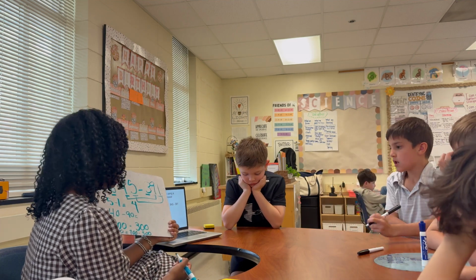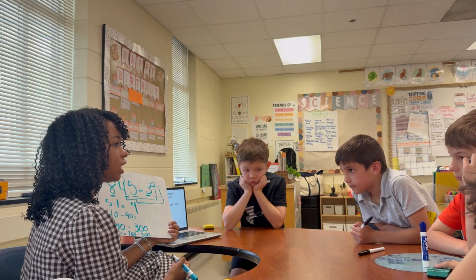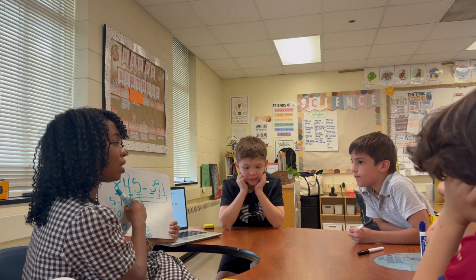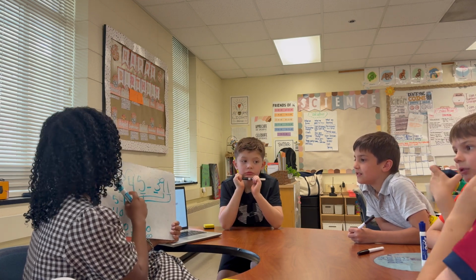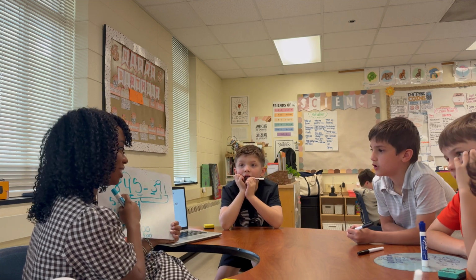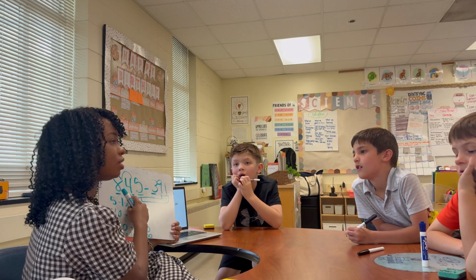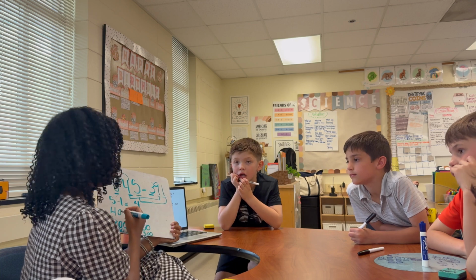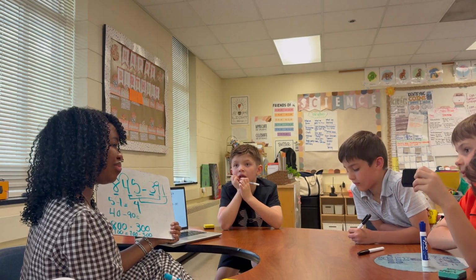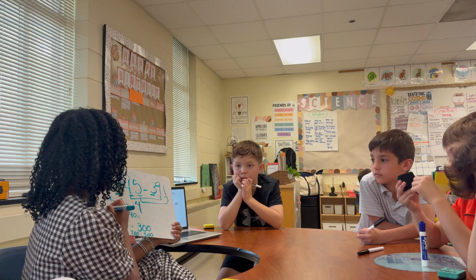Now that we borrowed 100 from 800, we borrowed 100 from the hundreds, which would now make the 40 into 140. And then we could subtract 90 from 140.